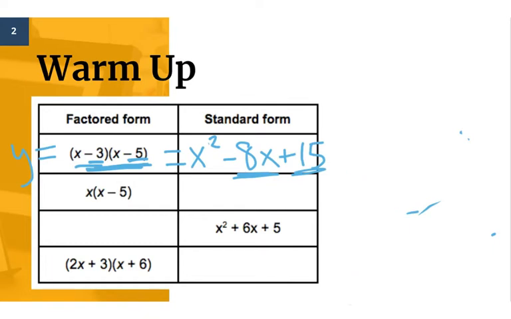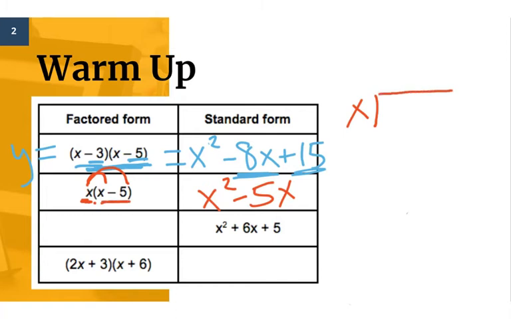All right, and what color should I choose? I think I will go with red. All right, so again, you guys know x times x is x squared. X times negative 5 is negative 5x. But I want to do that in the area method. So one side is x, right? I don't have anything with it, just plain old x. And then the other factor is x minus 5.